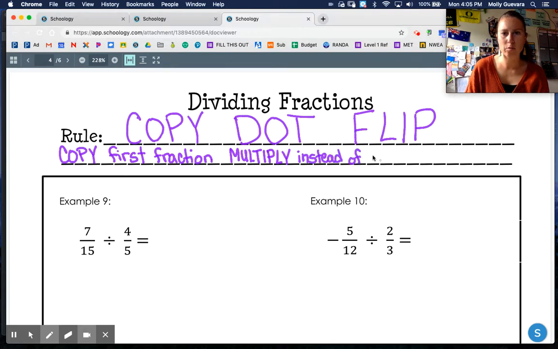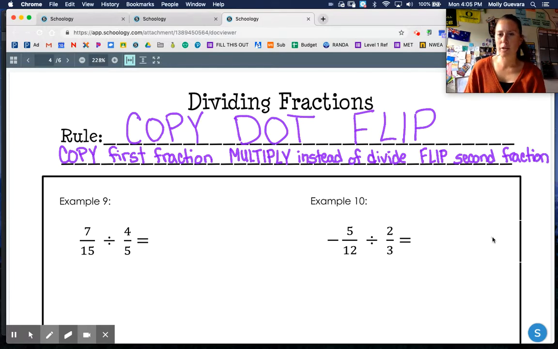And I'm going to run out of room, but I'll try. And lastly, flip the second fraction. So copy the first fraction, multiply instead of divide, flip the second fraction.